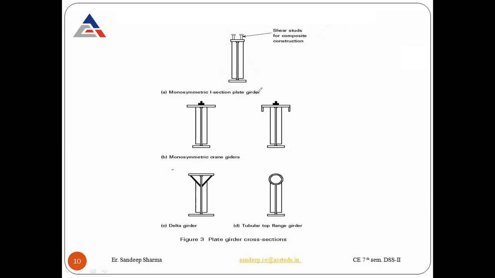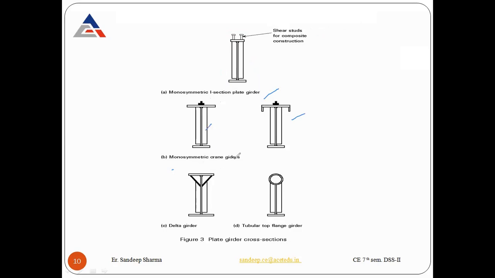Then the next one, we have the monosymmetric I-section plate girder. Here we can see this kind of bolting that we can use in the I girders, and this is the flange plate that you can see in this picture.